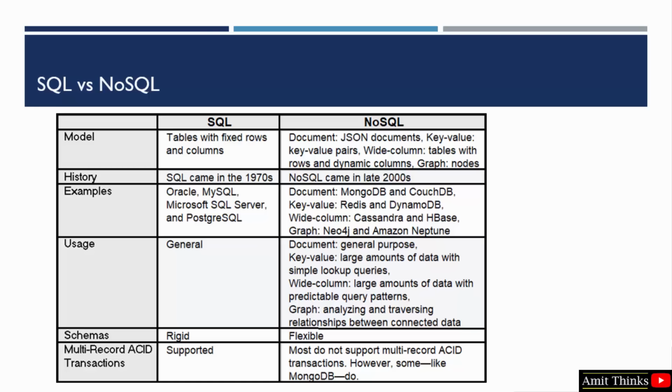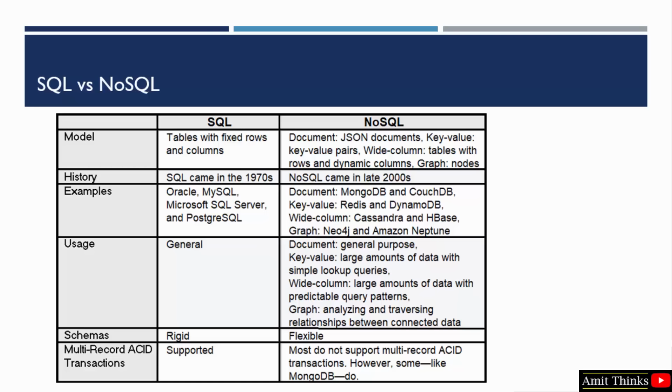SQL came in 1970, so you can say more than 50 years it's been around. And NoSQL just came in the late 2000s. Examples: SQL is basically RDBMS, so all the databases related to RDBMS will get covered under SQL. MySQL, Microsoft SQL Server, Oracle, all are part of RDBMS, and all these are based on RDBMS.